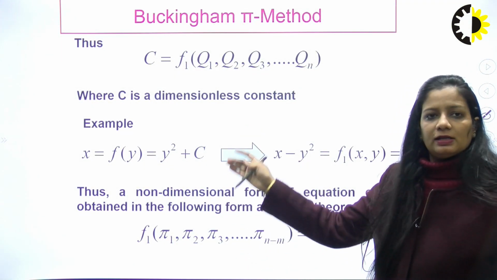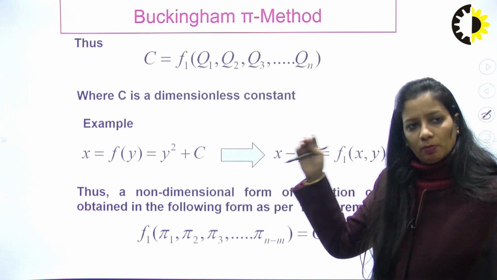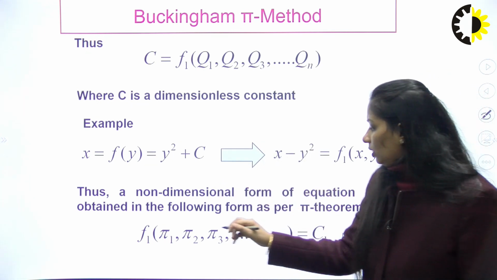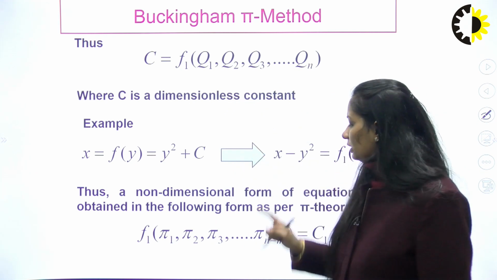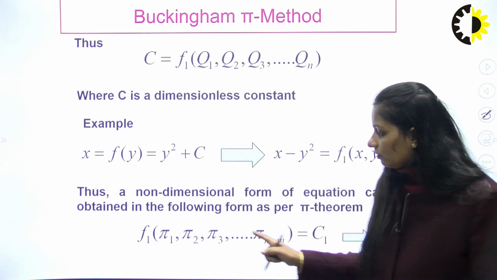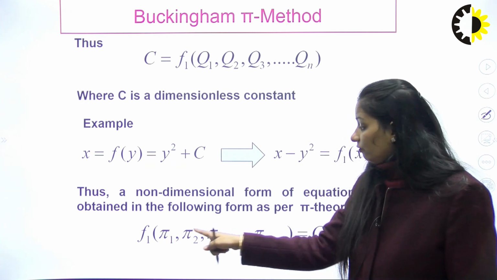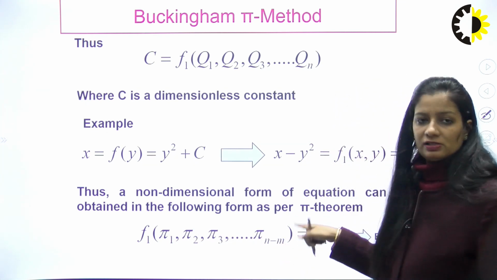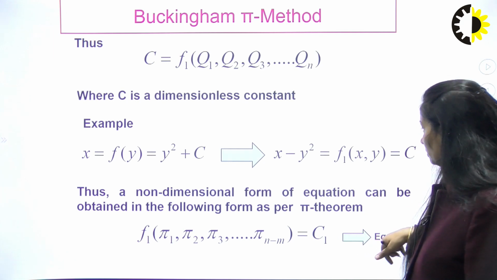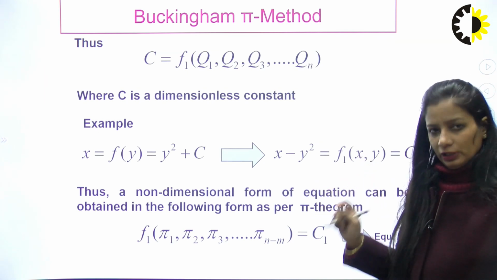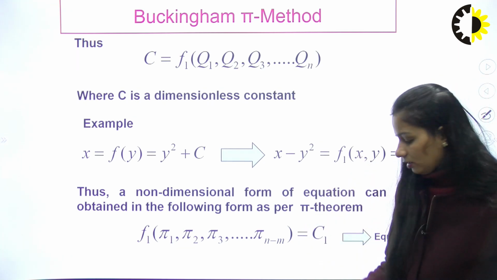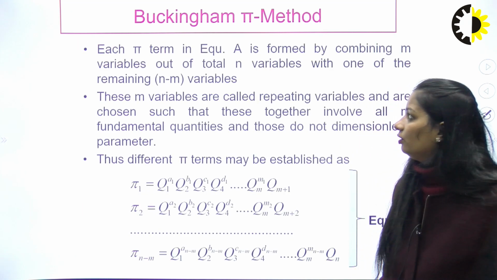We are going to discuss it using a numerical. You need to remember that this equation can also be written in the form where a function of pi 1 to pi n minus 1 is equal to c1. This will be your equation, and we are going to solve it using the Buckingham Pi theorem.